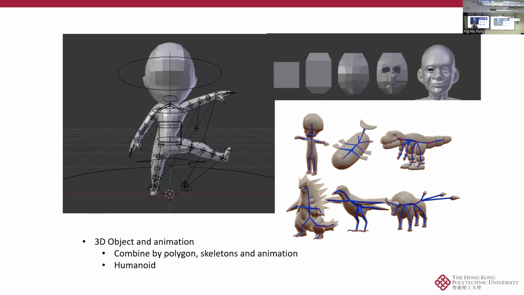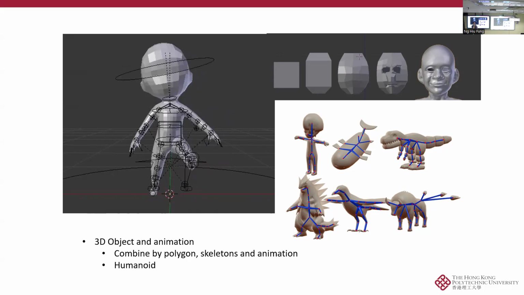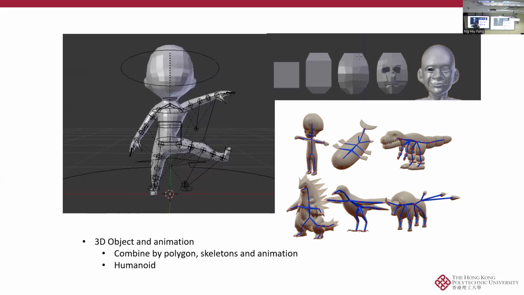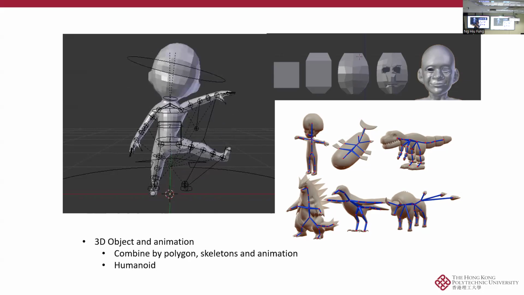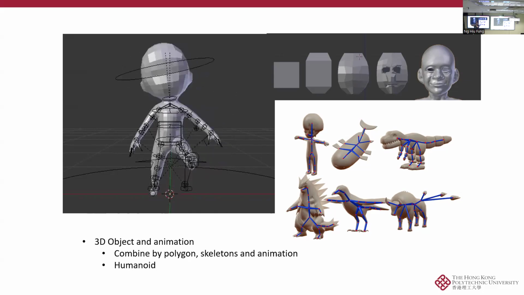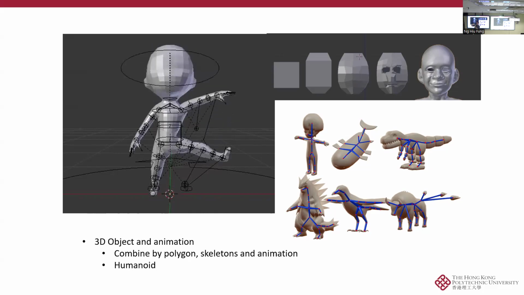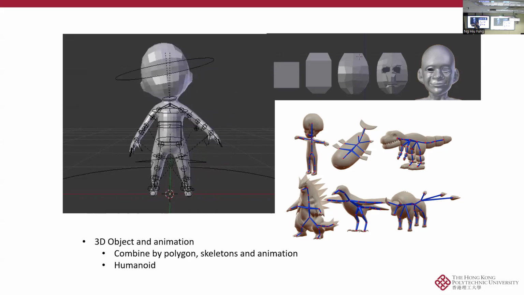Why should it be according to the muscle? For example, you generate the chest muscle just like this, and then the arm, you also follow your muscle. What is the muscle name of this part? The biceps. And then you have another muscle here. So they generate the 3D model according to your muscle.